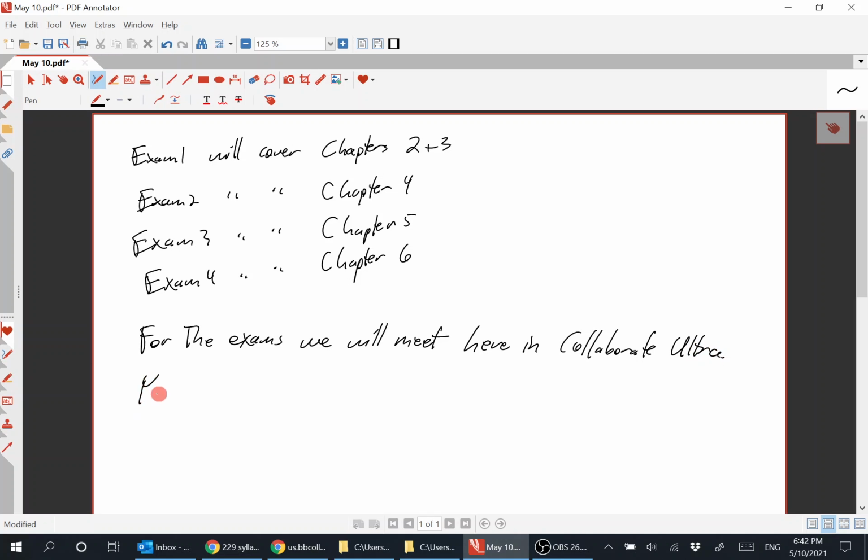You must have a working webcam. During the exam, you will turn on your webcam so I can see what's going on with everybody, so we can have a proctored test environment.